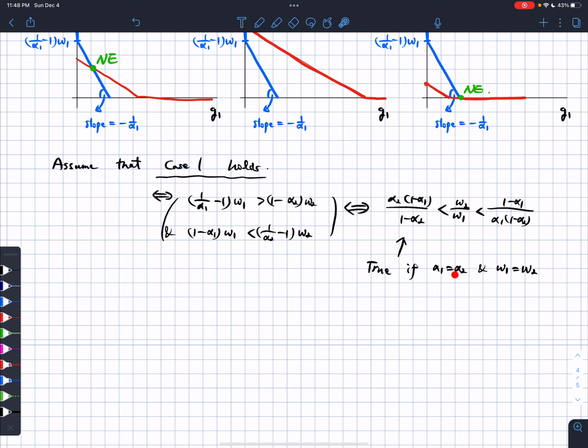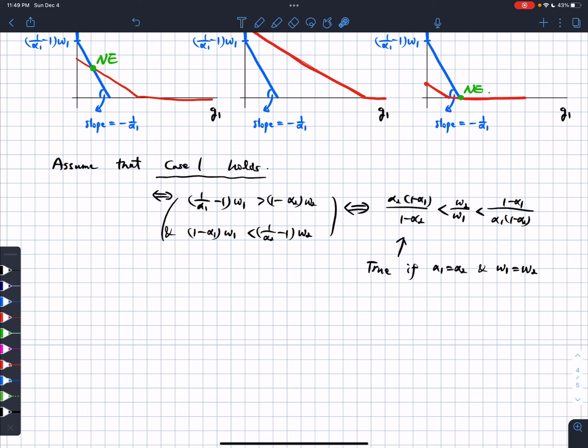If this is true, then this will just cancel out and we will have some alpha on the left, and this will be just 1. And we know that alpha, the common value of the alphas, is less than 1, right? And this one will be reduced to what? This will cancel out with this guy, so we will have 1 over alpha 1, and we know that it is larger than 1. Okay, so this is indeed true if the situation is completely symmetric for the two players.